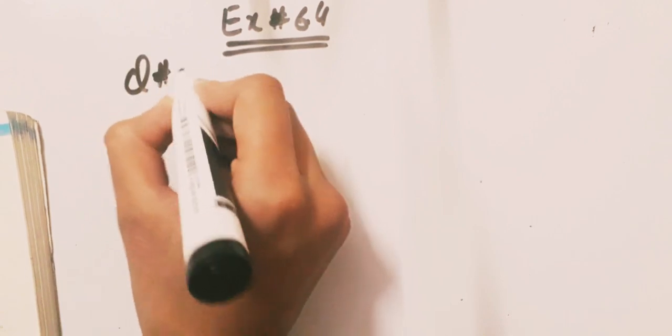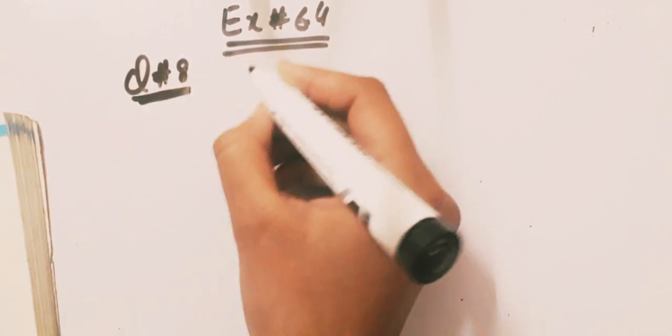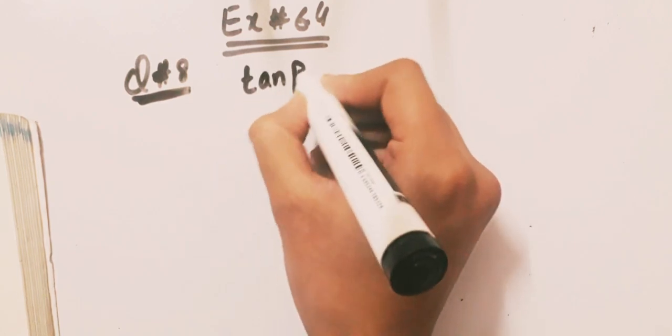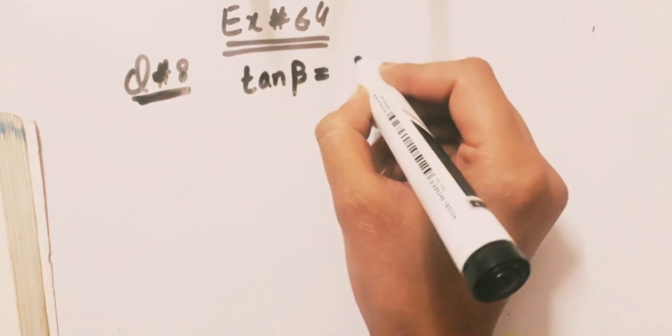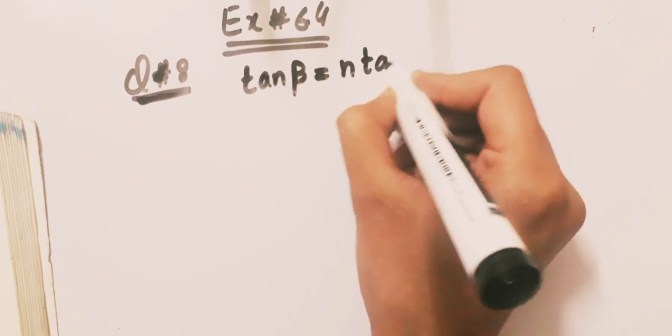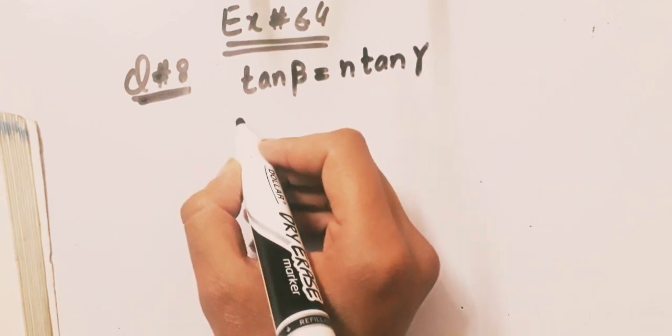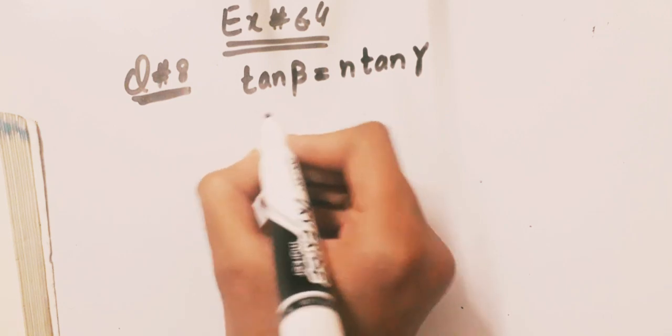Question number 8. You have the relation tan beta is equal to n tan gamma. First of all, you will take the square.